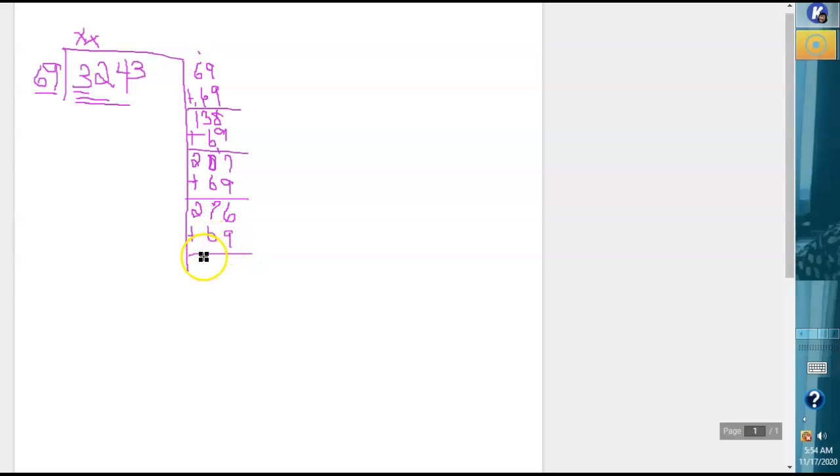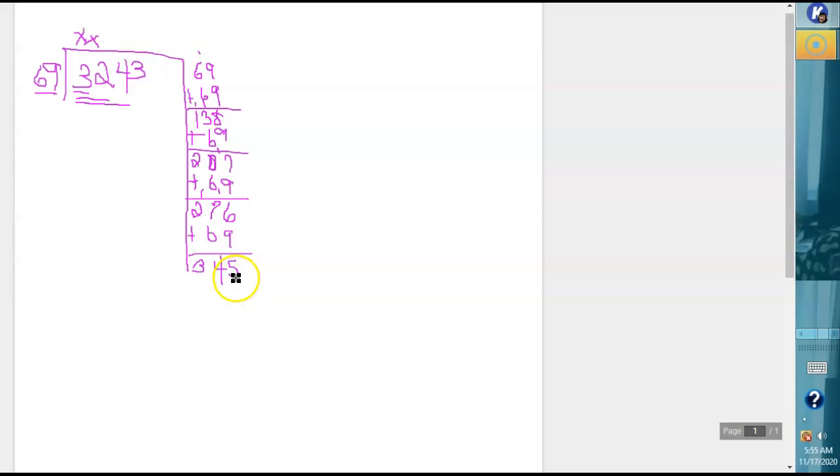So we have 6 plus 9 is 15. Carry 1. 1 plus 7 is 8 plus 6 is 14. Carry 1. 1 plus 2 is 3.